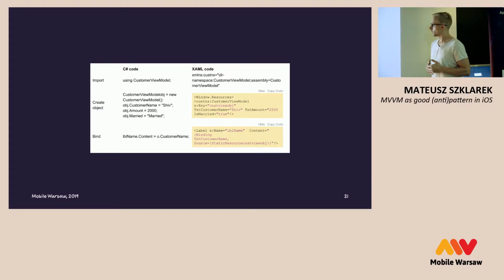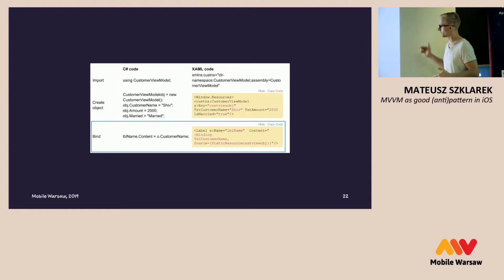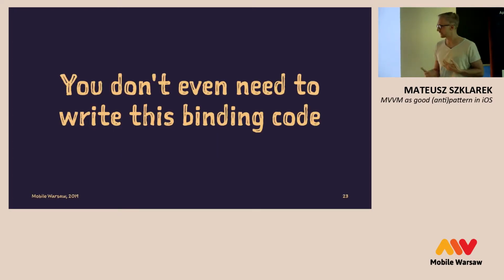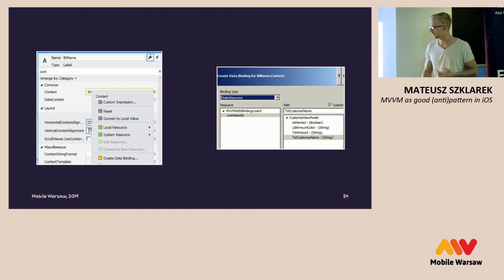Here you can see a table which shows us the C# code on the left, which was presented on the previous slide, and the respective XAML code, which does the same. Rather than writing full C# code, we can use XAML on the right. But the best part of it is that you don't even need to write this binding code in C#, because the IDE allows you to generate this code automatically for you.